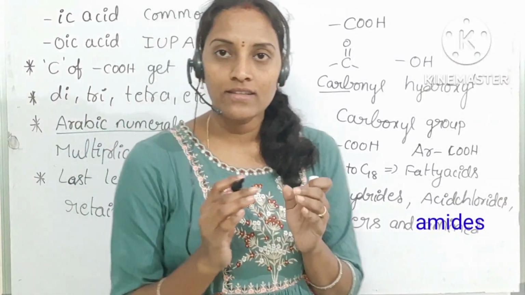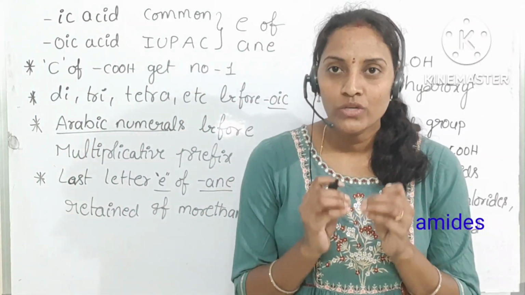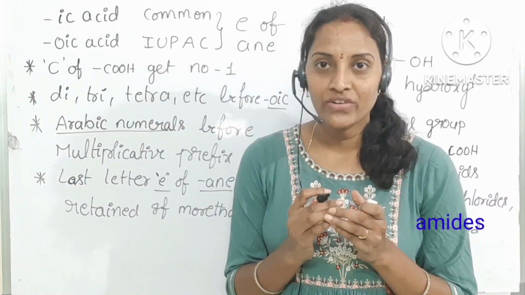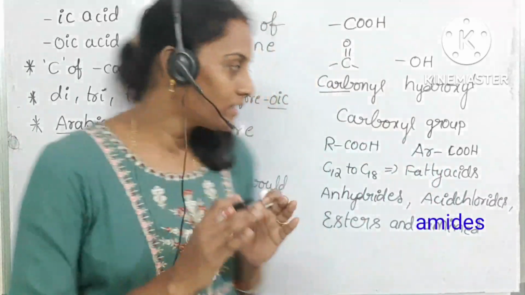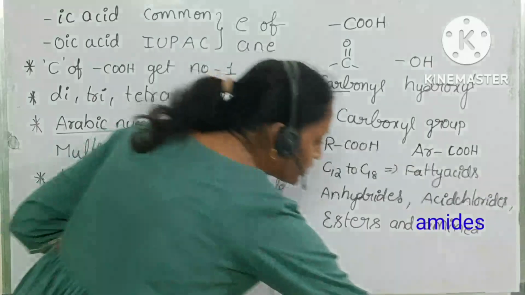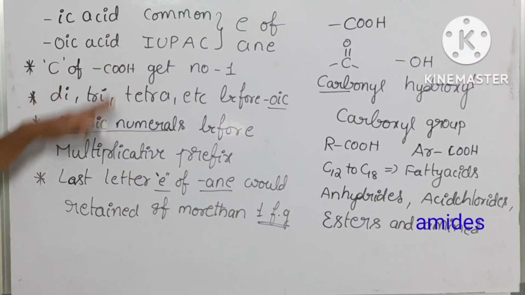These are the general rules we need to remember while writing the IUPAC name of a carboxylic acid. By taking a few examples, we will try to understand how to apply all these rules.